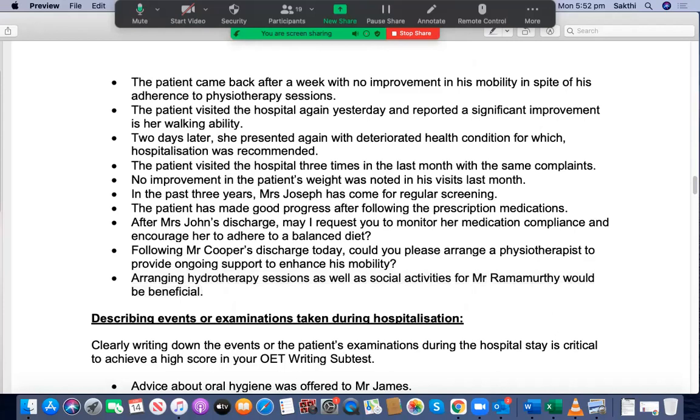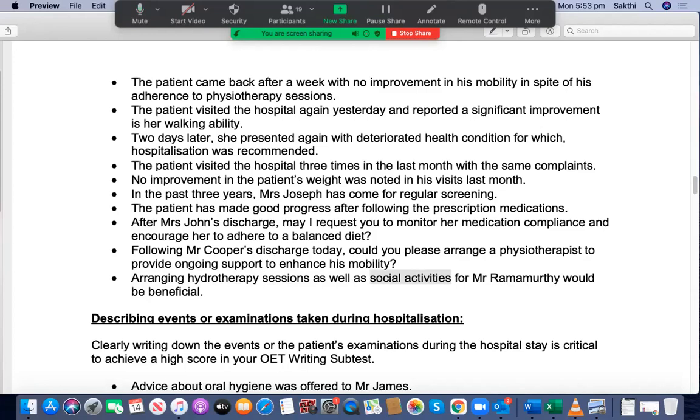So I tried to include two things in one sentence itself: hydrotherapy sessions plus social activities. These are just examples to help you understand the way we need to summarize the information so that we can write a crispy letter. We don't want to drag the letter. It is always better to write a short yet crispy letter which can cover all the important case notes of the patient.